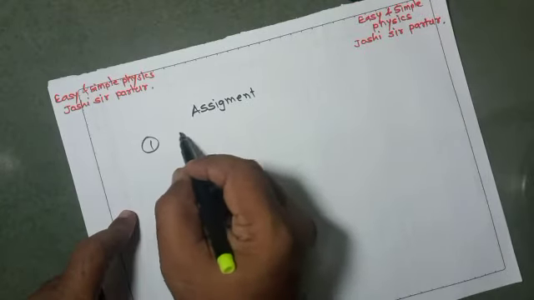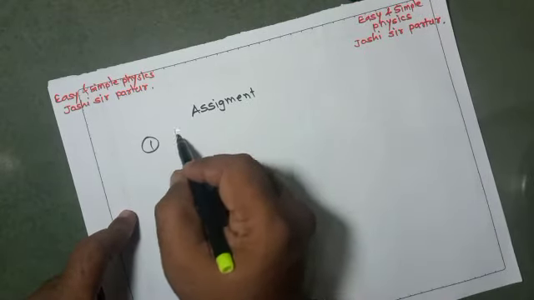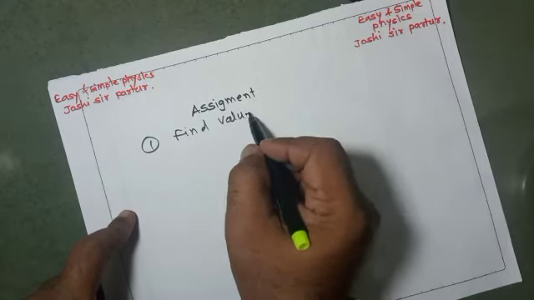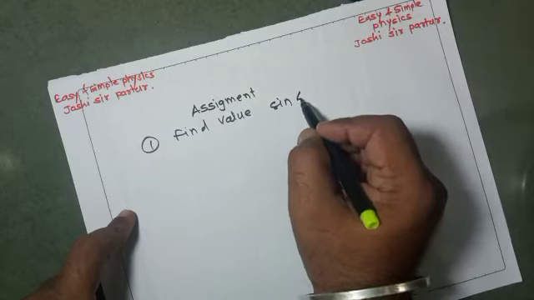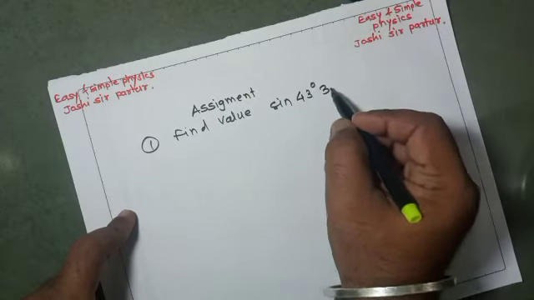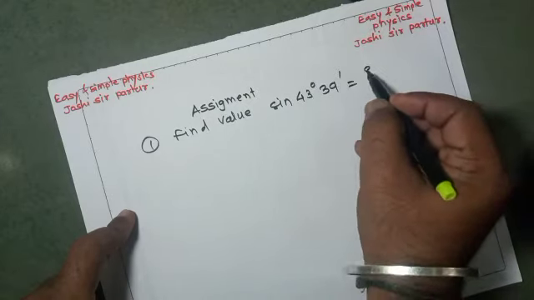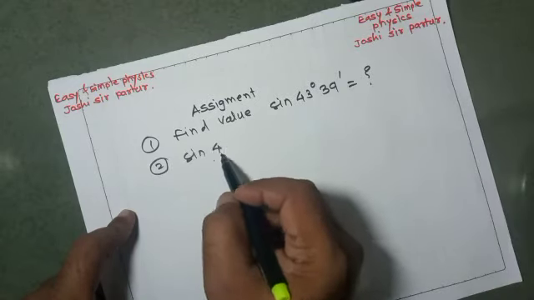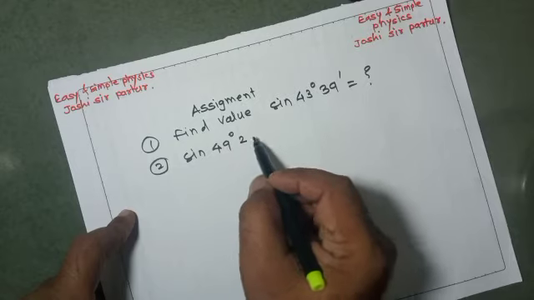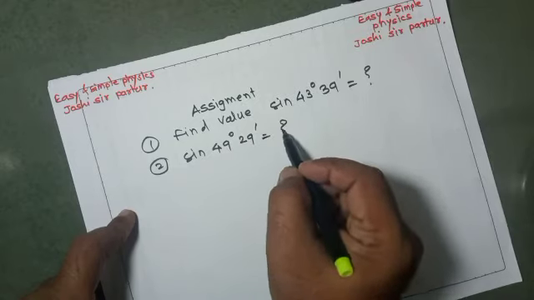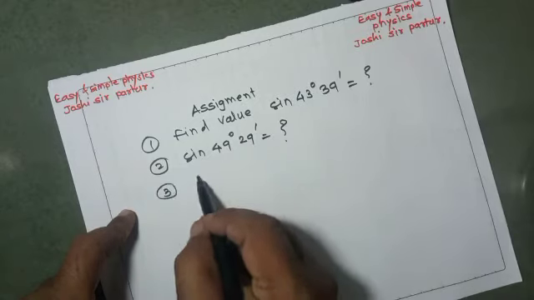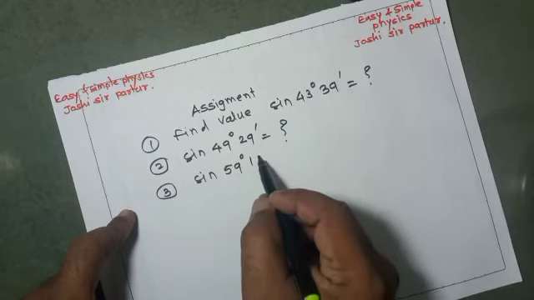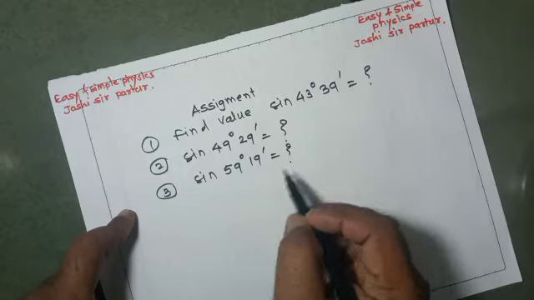Today we can give an assignment. Number 1, find the value of sine 43 degree 39 minutes. Number 2, sine 49 degree 29 minutes. Number 3, sine 59 degree 19 minutes.